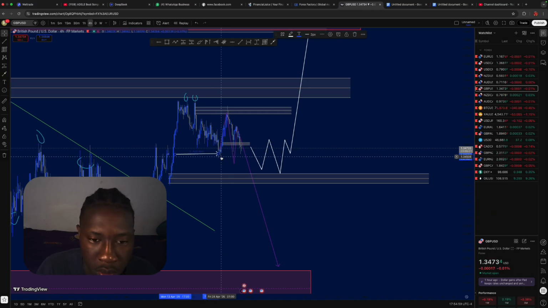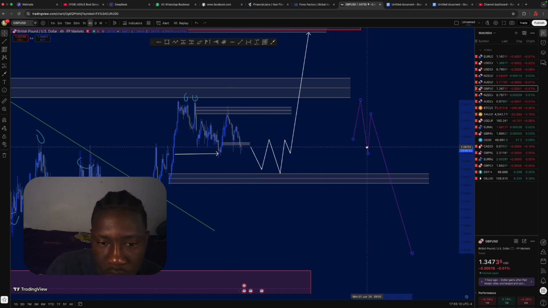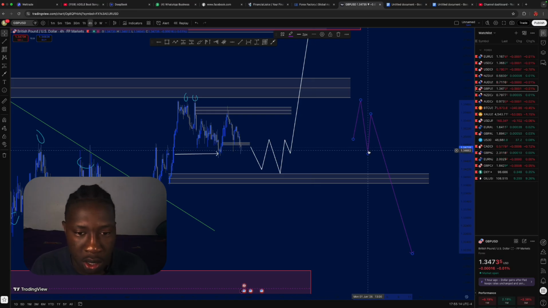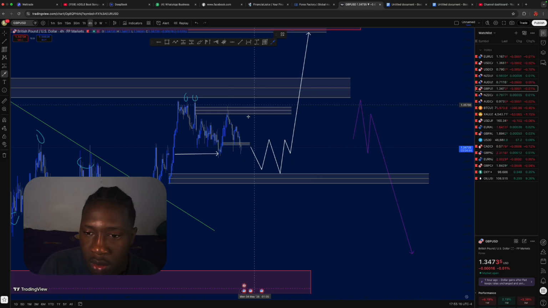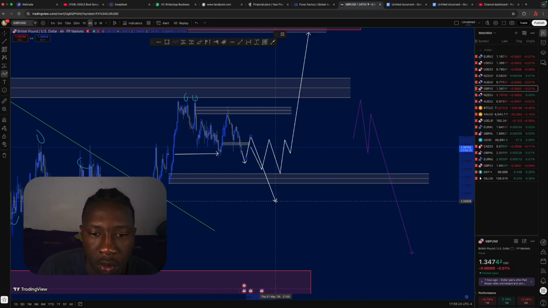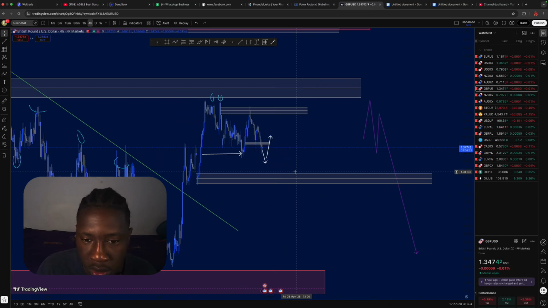This was supposed to break the previous low to make a new low, and then it did not give us this new low. So we can say there is a break of structure. If there is a break of structure on this movement, we will take a trade on the retest to continue selling the market.